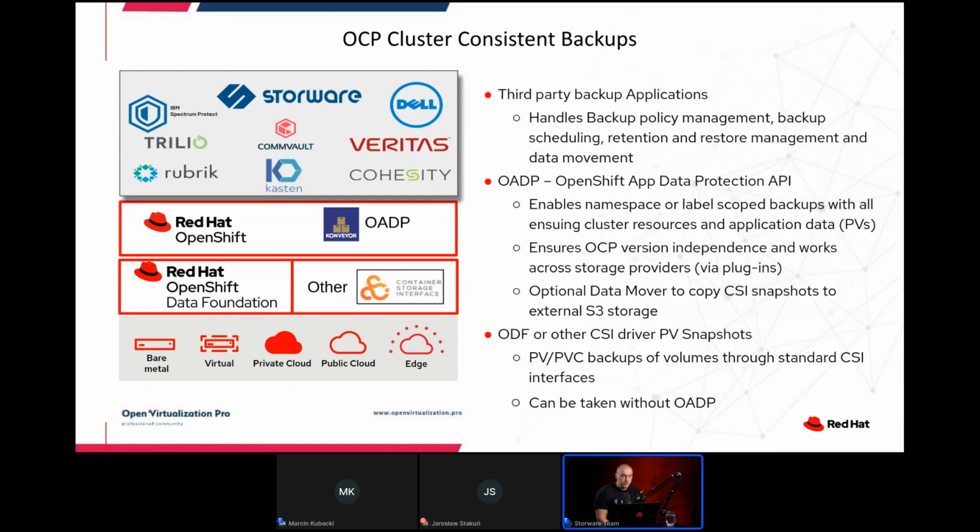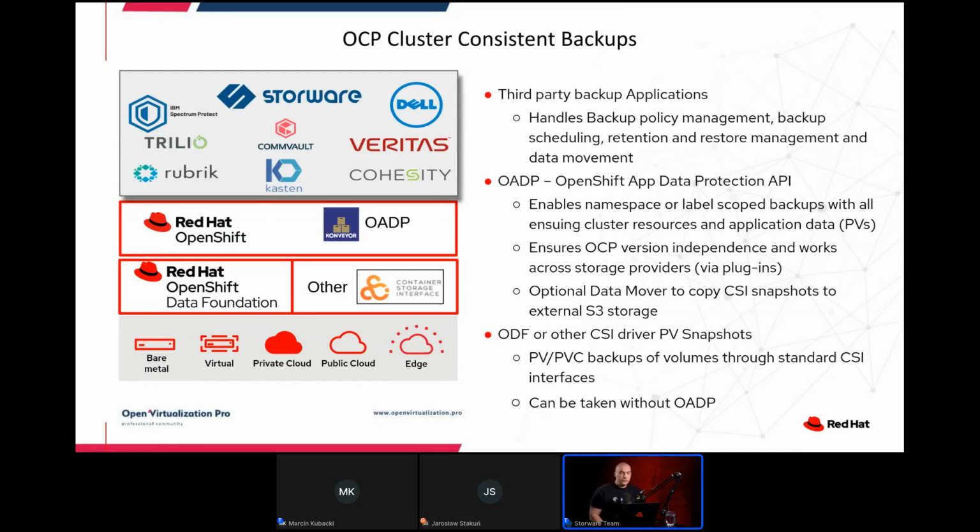Now going to the bottom, as I mentioned, we can back up not only the application configuration, the Kubernetes manifests, but also the persistent data, and this data can be stored on many different persistent volume platforms. So this could be either our own Red Hat OpenShift Data Foundation solution based on Ceph software-defined storage technology.